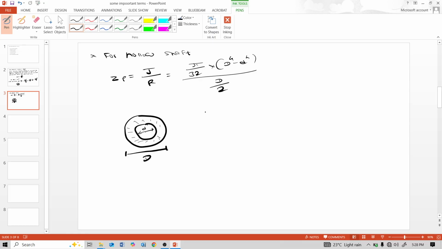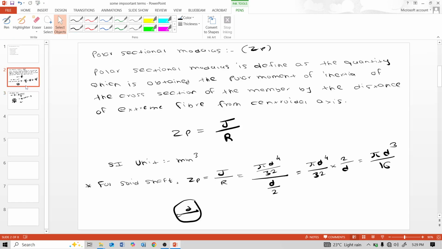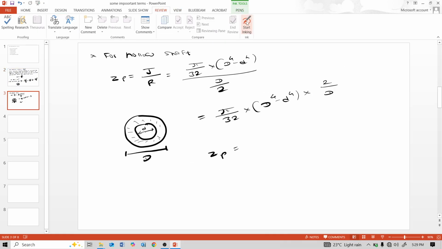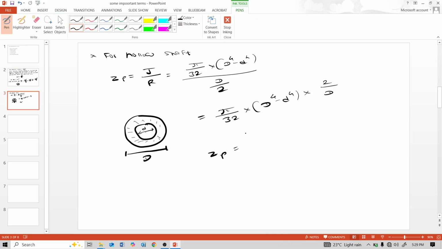So polar sectional modulus for hollow shaft Zp is equal to pi upon 16 D, into D raised to 4 minus d raised to 4.